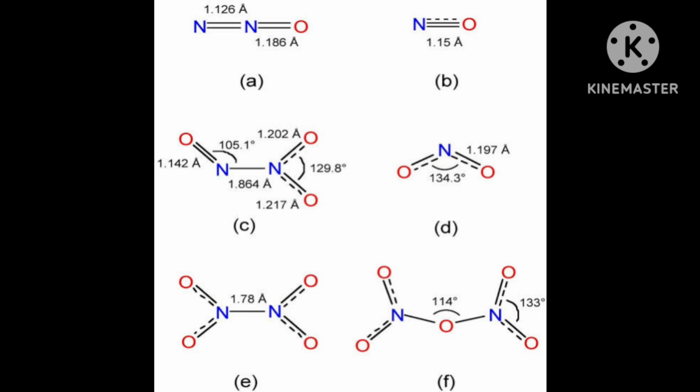In that way you can also understand these things. For the second nitrogen, again the N and O double bond is there, and 4 electrons are involved.